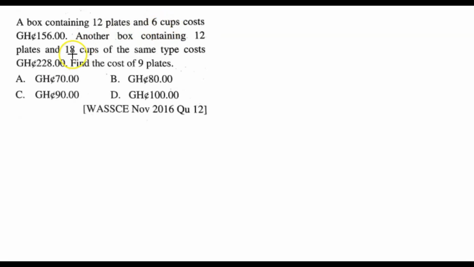Likewise, in the second box, the number of plates and number of cups are also known. And we know the total amount spent in buying all the items in the first box and that of the items in the second box. So you understand that we don't know the cost of each item.